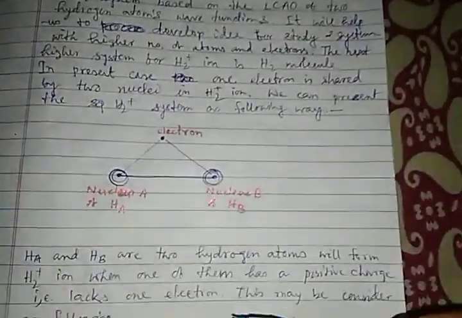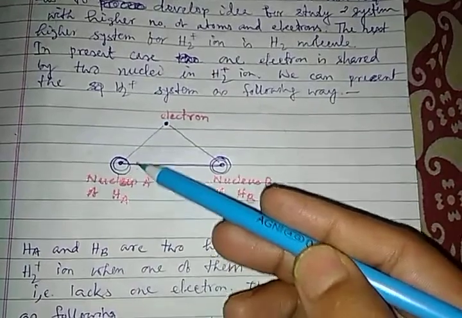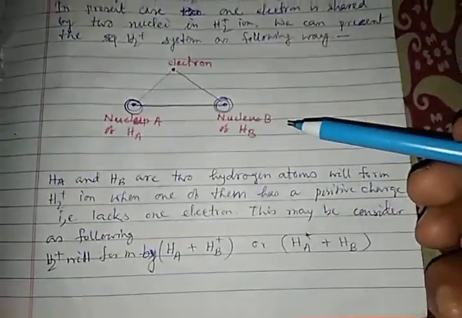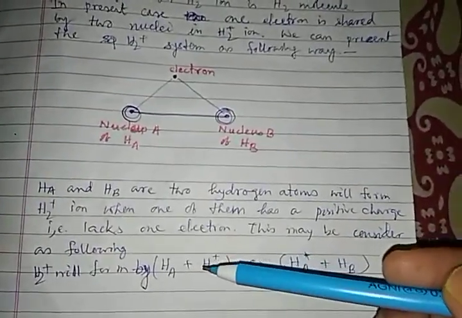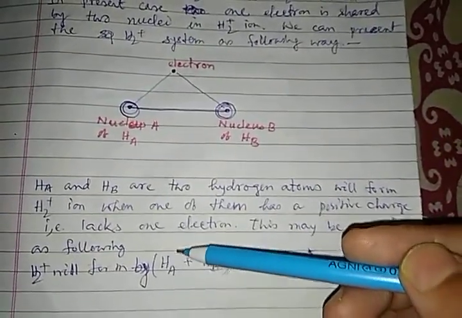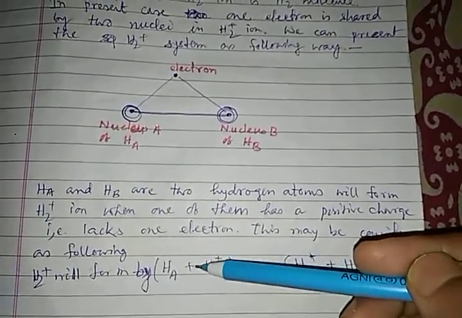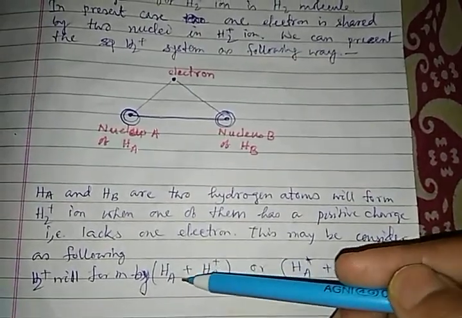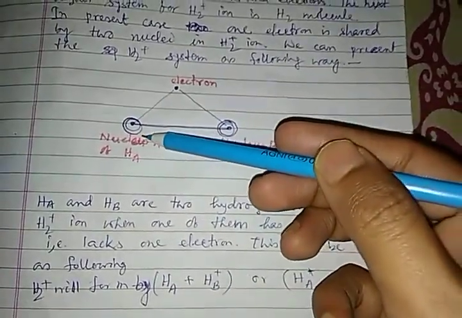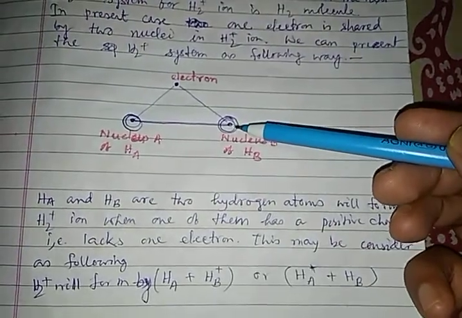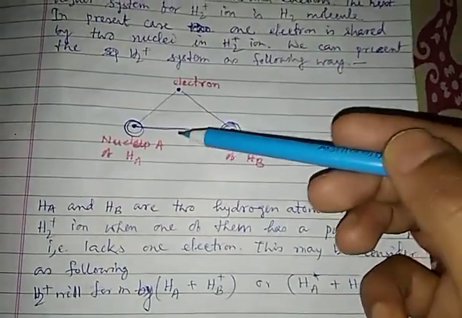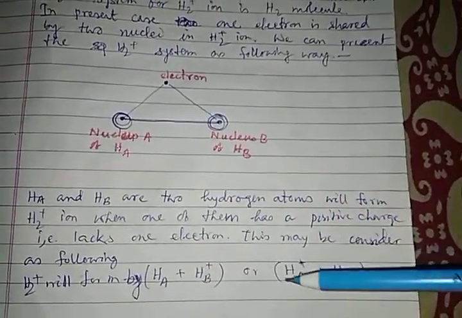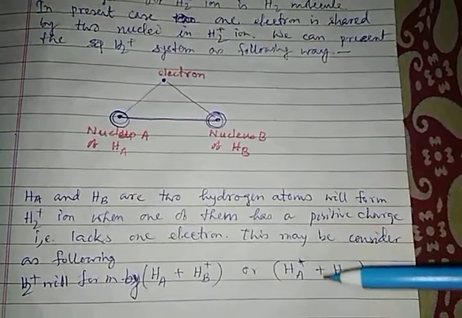Now let us write the two hydrogen atoms HA and HB. These can be considered in such a way that one is HA and another is HB+, that is a proton. In this case, HA has one electron and HB+ has no electron, only one nucleus, one proton. In the other case, HA+ has no electron and HB has one electron.